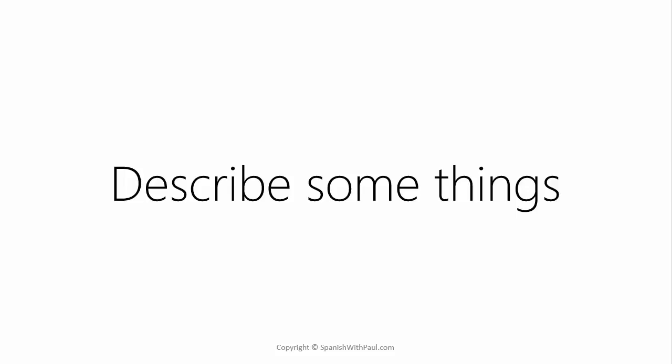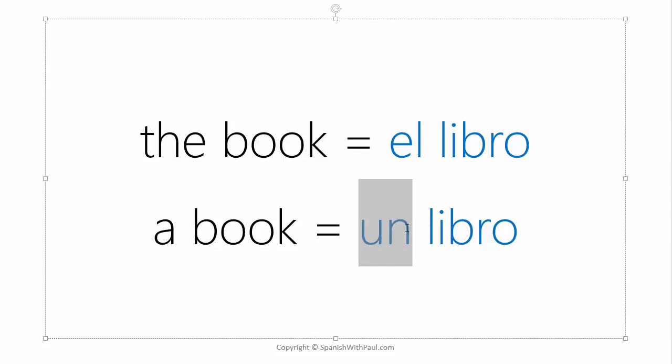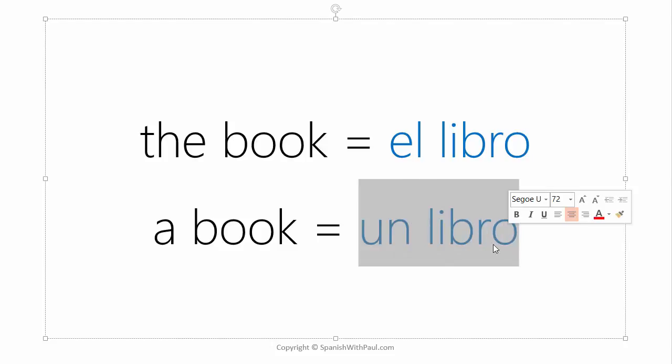Now let's move on and try to describe some things. Again, remembering that we had the book, el libro, and a book would be un libro. So un is masculine for one rather than una, which would be feminine. So it always matches. We have a masculine word ending in o, so we have un libro.